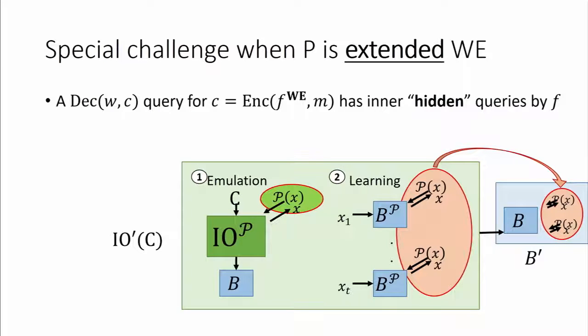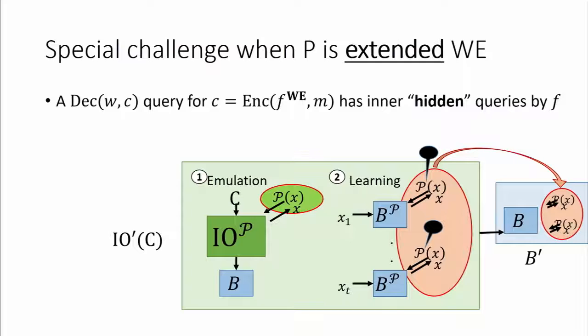So your circuit F that you are giving to the encryption algorithm, as we said, the whole point of this model is that that circuit can call its own Oracle queries. When you have an Oracle or some algorithm that you give it and does the job for you, you do not have control of, eventually when you do the decryption, which queries are going to be asked in the decryption phase, because you don't see the function F. What it means is that every time that you deal with this Oracle, there are two levels of queries.